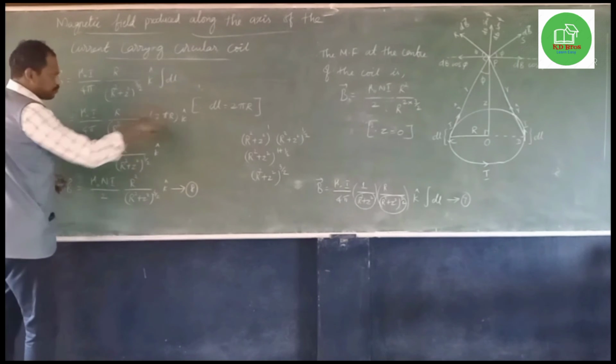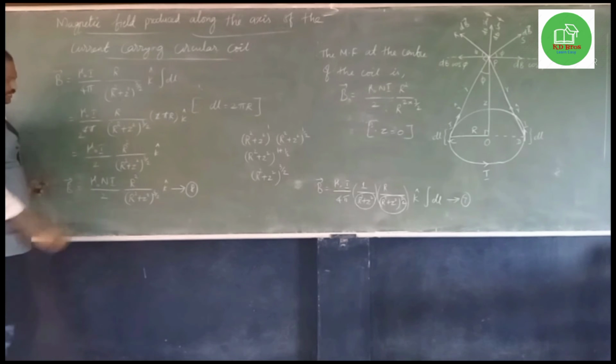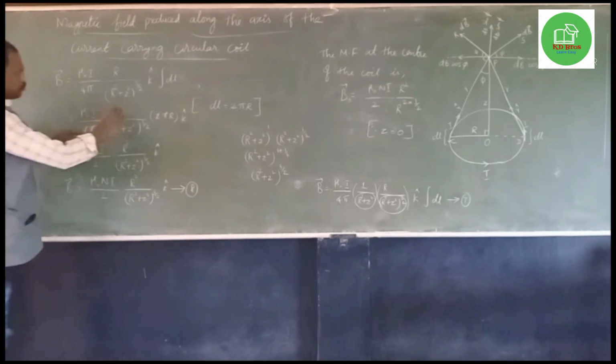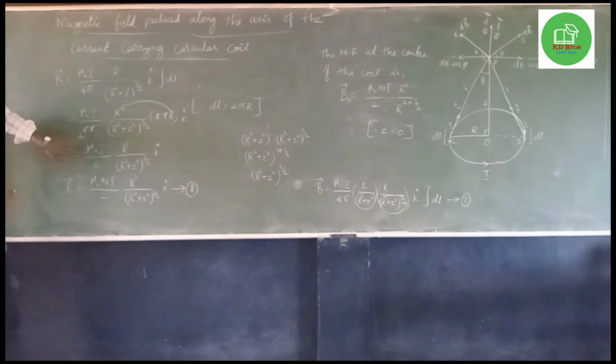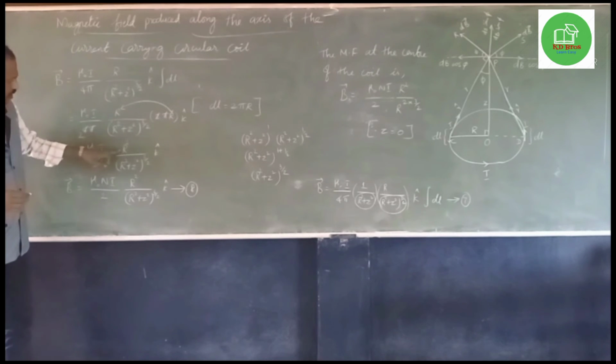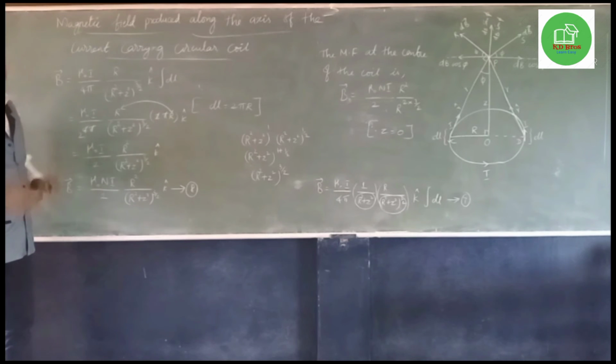Now the pi will get cancelled, and the 2 and 4 will get cancelled. Then we have to multiply this by r. Then this equation will be modified like this: mu naught I divided by 2, r into r gives r square, divided by r square plus z square power 3 by 2, into k cap.